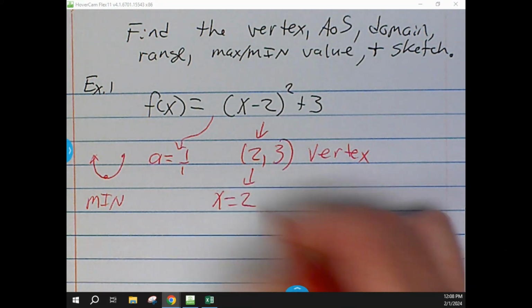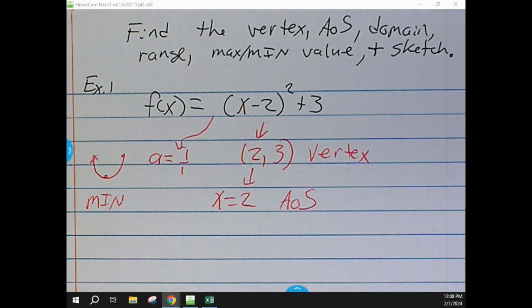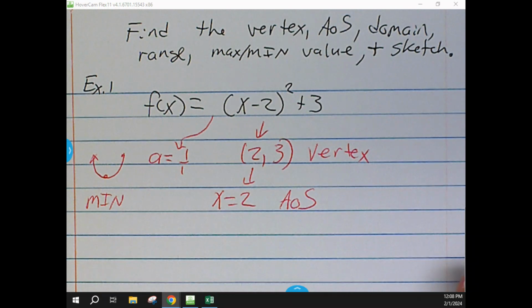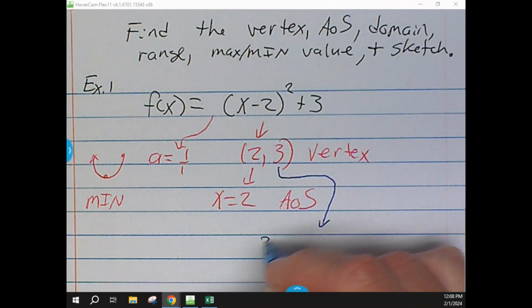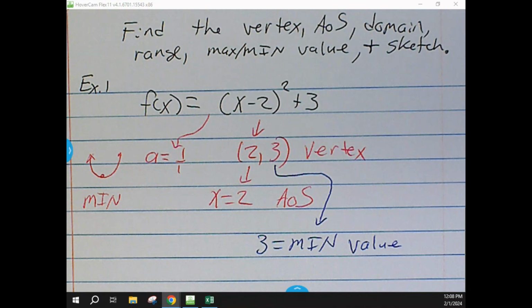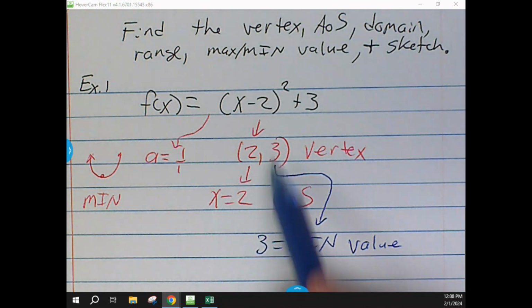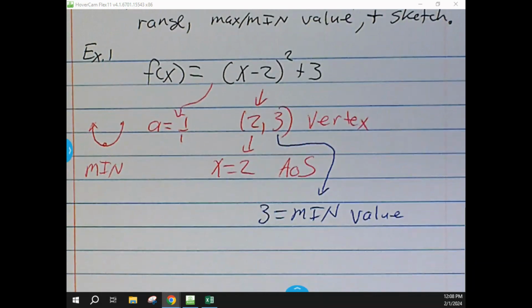You put X equals that number, and that is your axis of symmetry. And we just said this was the minimum, the other number that's here, 3, that's equal to your minimum value. So the first number is your axis of symmetry. The second number is either your max or your min value based on which way the graph is going to go.